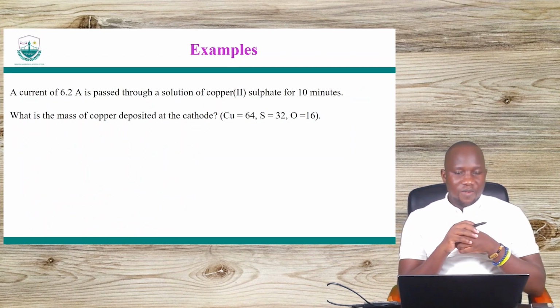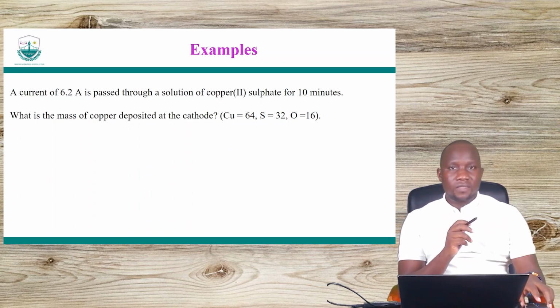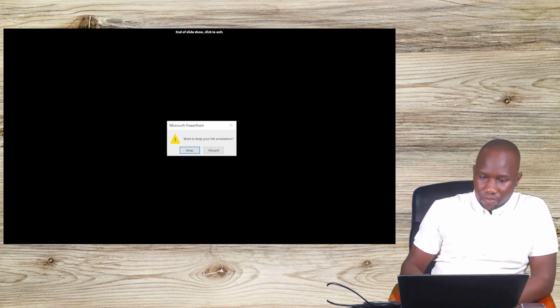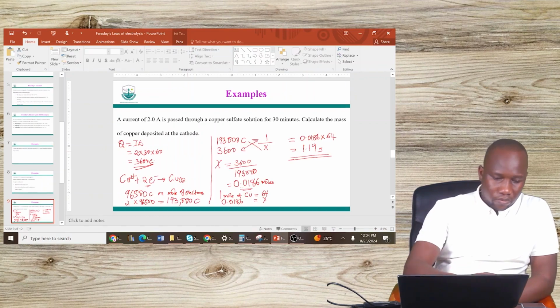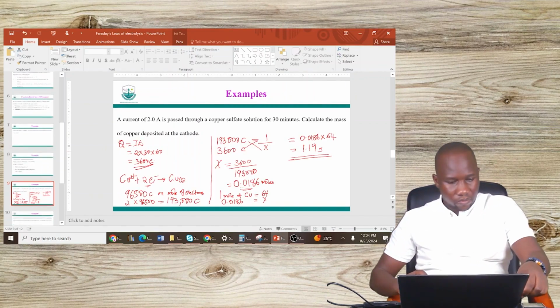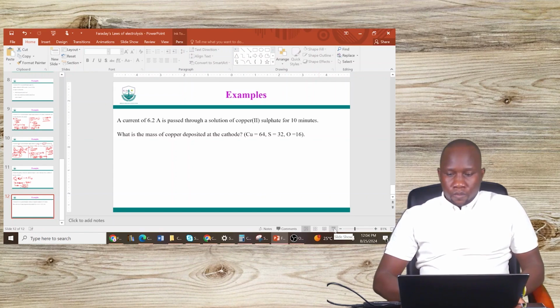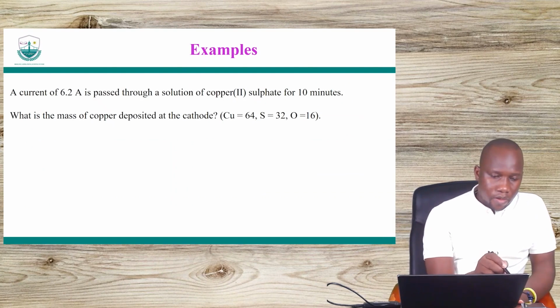And then we have this one. This one is similar to the first one, I think. So let's go through it very fast. You have Q equal to I times t.